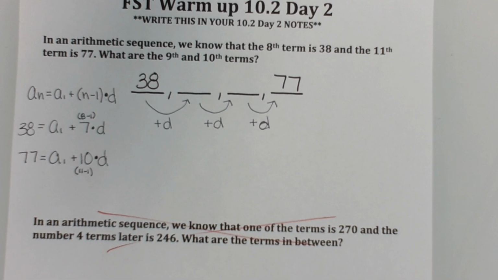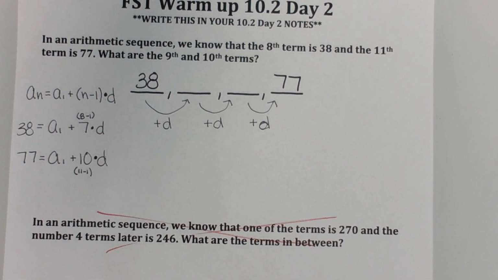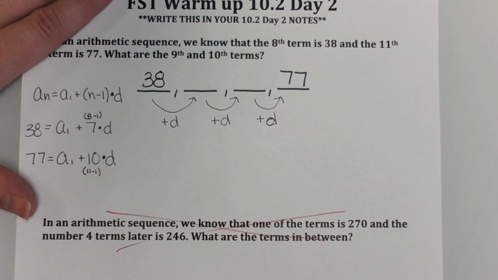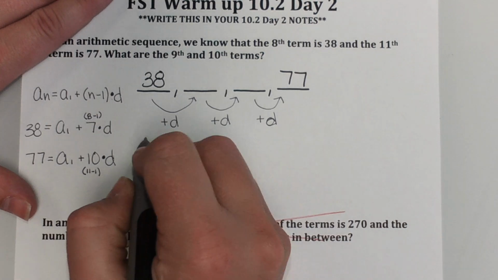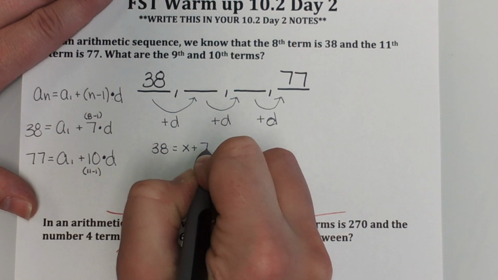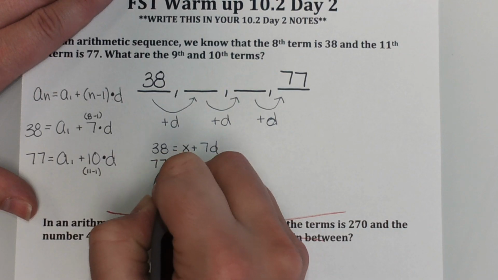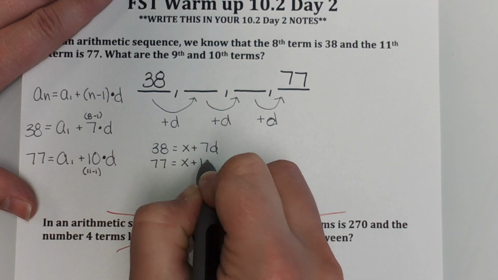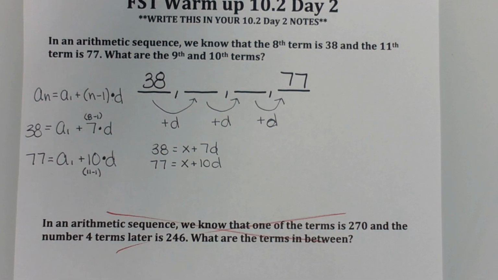Doing this gets you a system of equations in two variables. Can we solve a system of equations? You should be able to. If it's easier to look at, your system of equations right now is almost like 38 equals x plus 7d, and 77 equals x plus 10d.